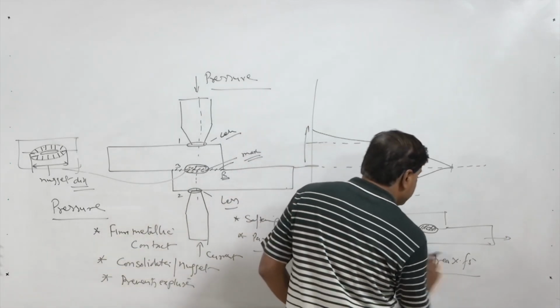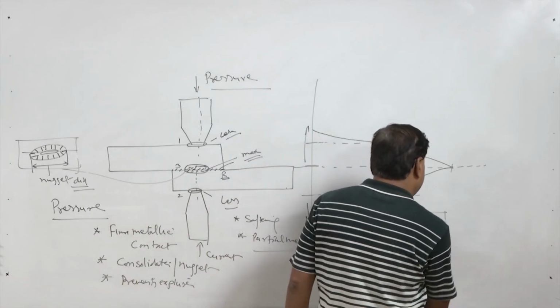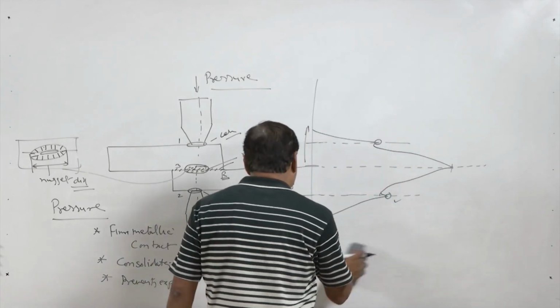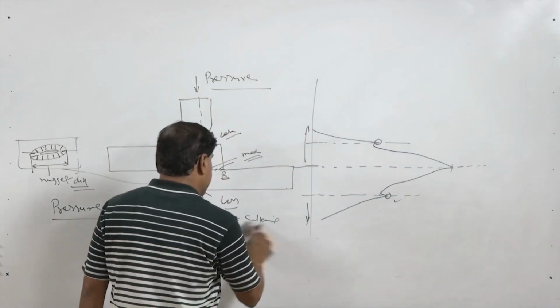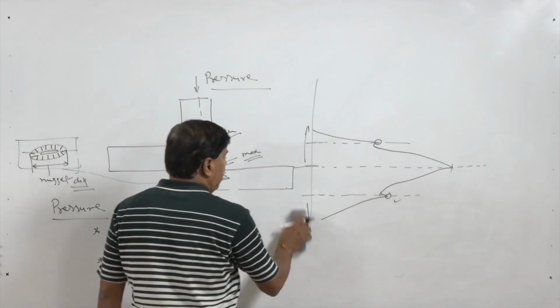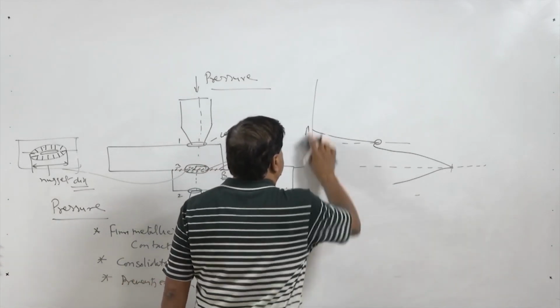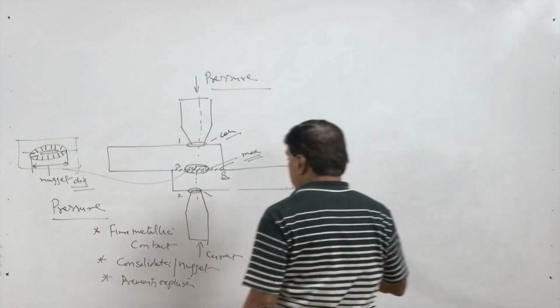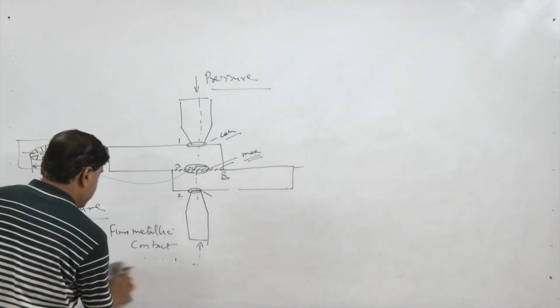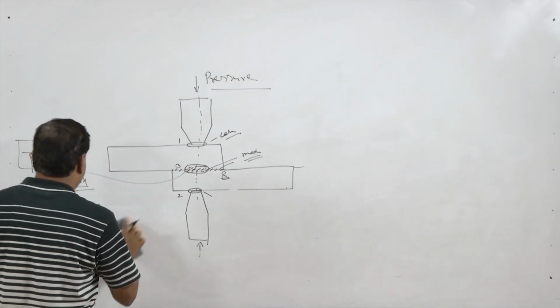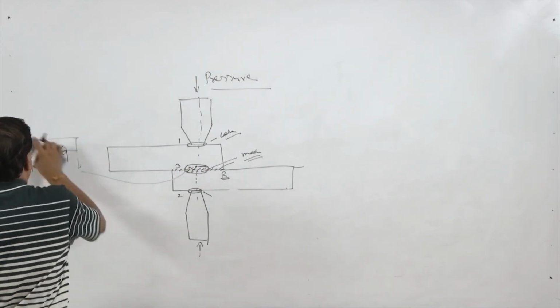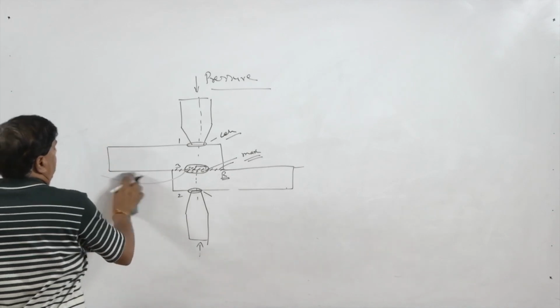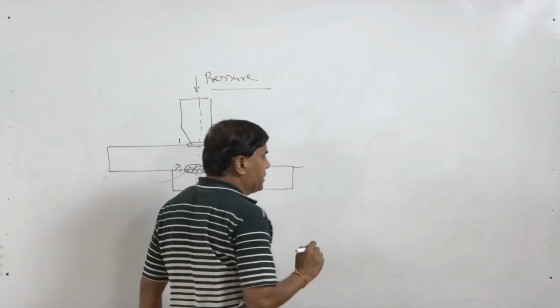So, an increase in the diameter of the nugget directly determines the load carrying capacity, and the nugget diameter is governed by the amount of heat being generated. So, we need to see the individual effect of the welding parameters on the heat being generated.